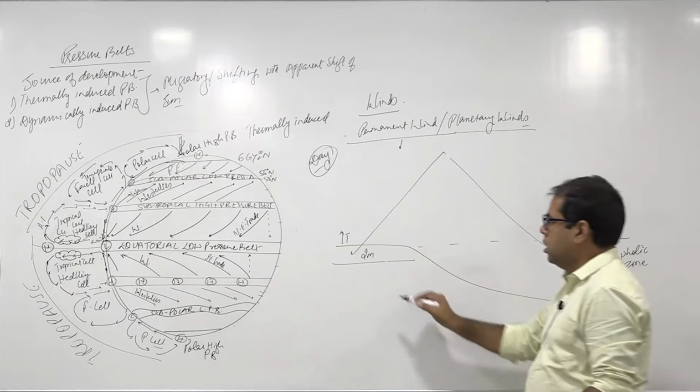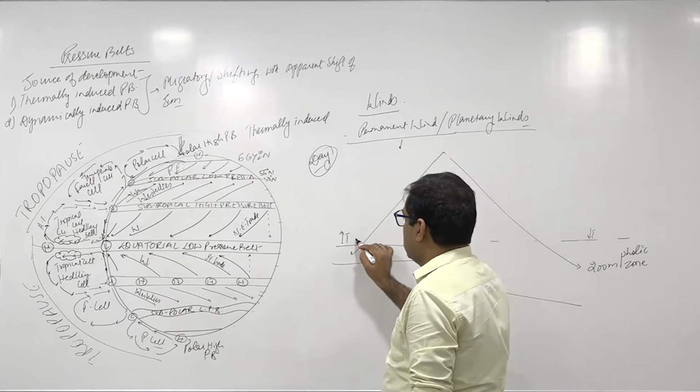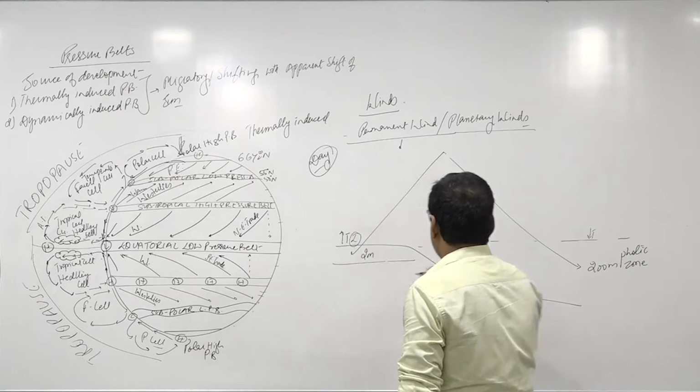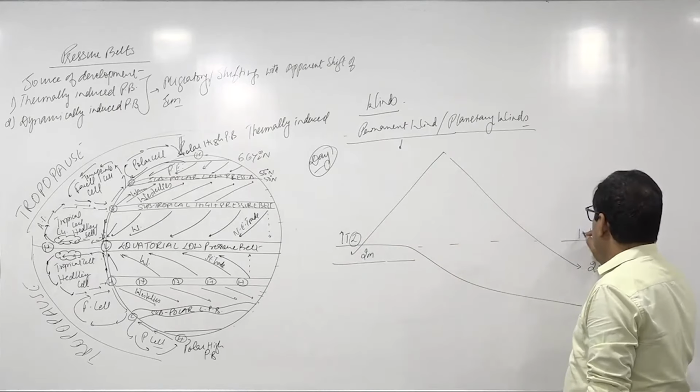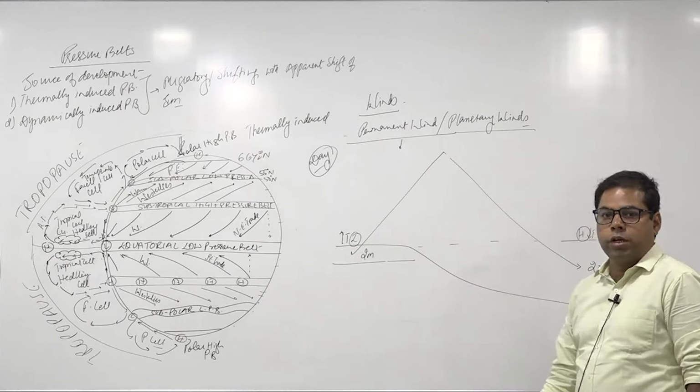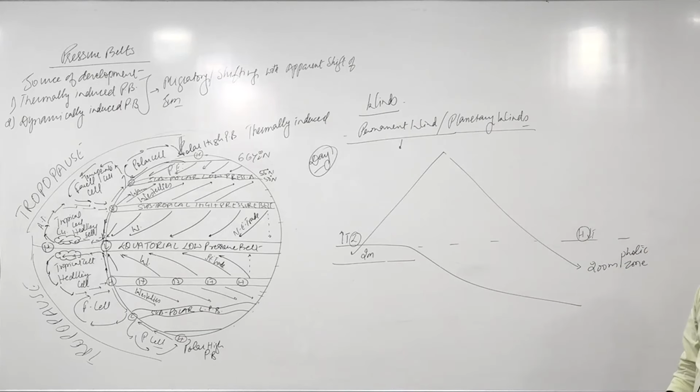Pressure will be high or low? Pressure low here, pressure high here. So will the high be absolute high or relative high? Relative. They are in the same latitudinal zone.